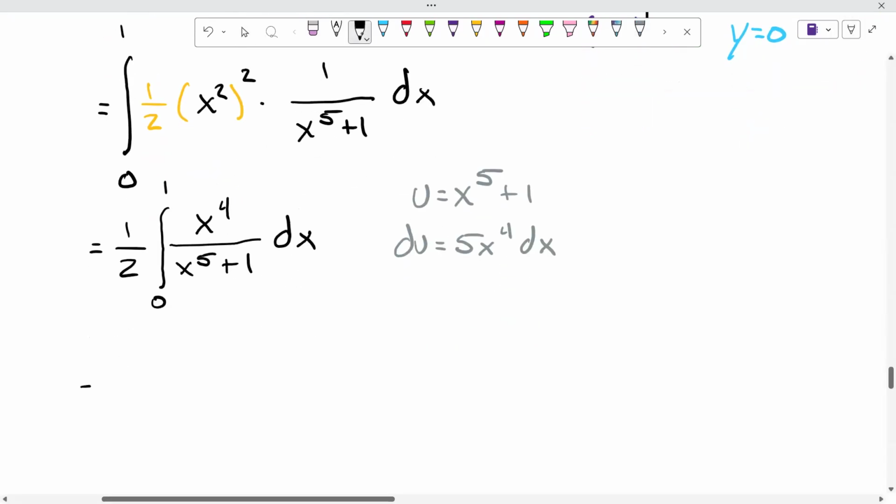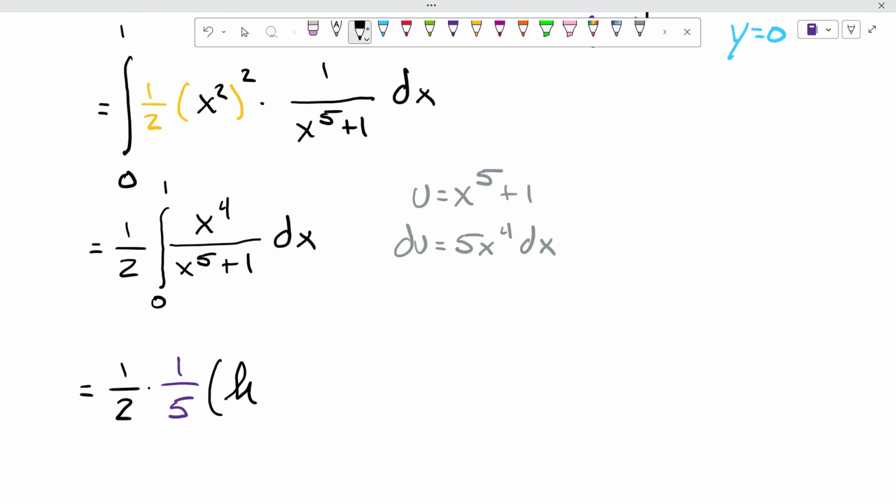So this thing integrates to 1 over 2 times 1/5, since I'm missing the 5 on that x to the fourth. I'll have the integral of du over u, which comes out to natural log of u.